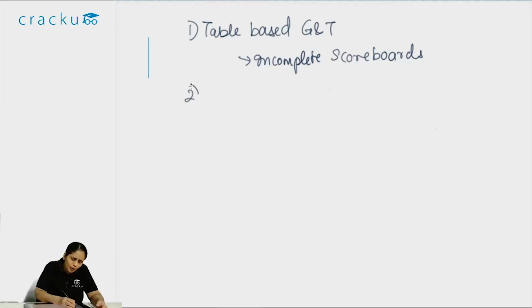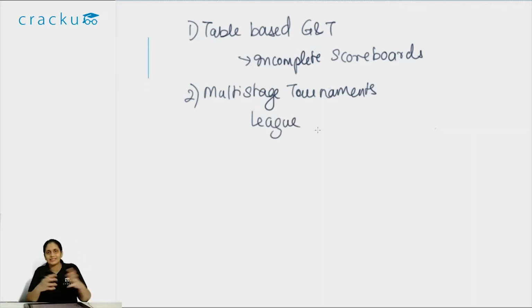The second type of games and tournaments question that come are multi-stage tournaments and knockout tournaments. In multi-stage tournaments, you will have something like the IPL or the Cricket World Cup. In multi-stage tournaments you have a league stage. In a league stage you play inside a league and the toppers of the league proceed to the knockout stages. So consider IPL.